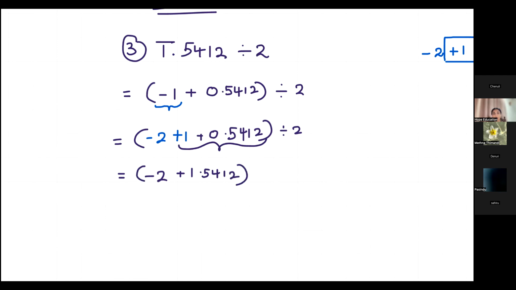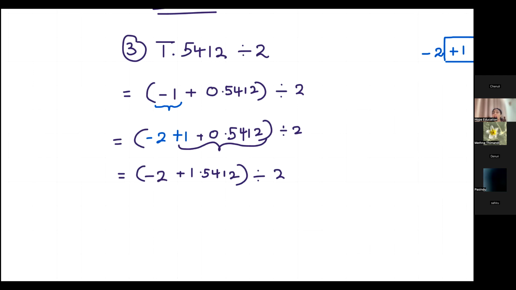So look at this again. What I did here was that if there was a positive characteristic, as I said, we can divide or multiply that by any whole number. But if we have a negative characteristic, that negative characteristic must be perfectly divisible by the whole number. Here we have minus 1, but we have to divide it by 2. We know minus 1 is not perfectly divisible by 2. So I make minus 1 in such a way that there will be a negative characteristic perfectly divisible by 2.